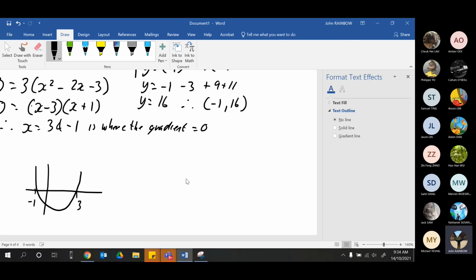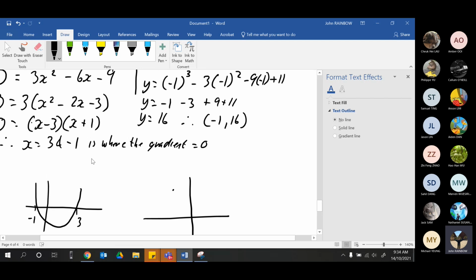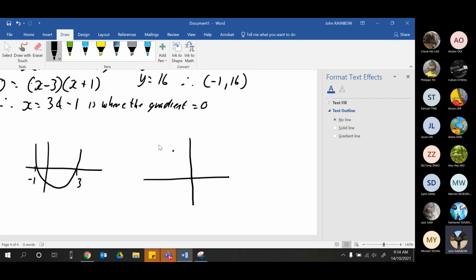So I'm at -1, 16, and at 3 it was 3, -16. That should be roughly the same distance. If that's 1, it should be 1, 2, 3. I've kept my scale pretty good, so it should be about there. I know that is 3, -16.